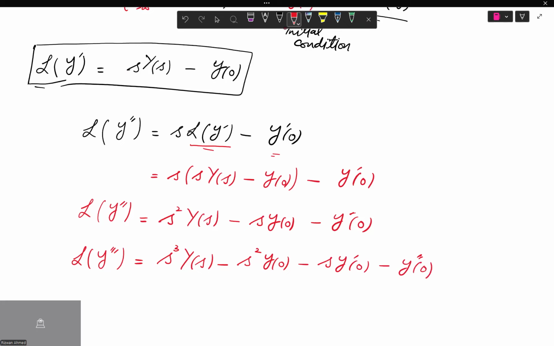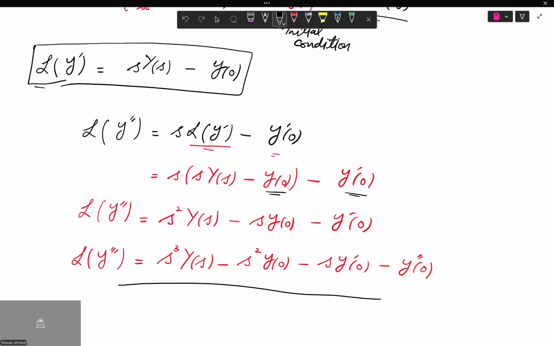So all the initial conditions are naturally appearing in the expression of Laplace of derivatives. So we have learned how to calculate the Laplace transform of derivative functions and also the Laplace transform of sinusoidal functions, hyperbolic functions, exponential functions, and the piecewise functions.